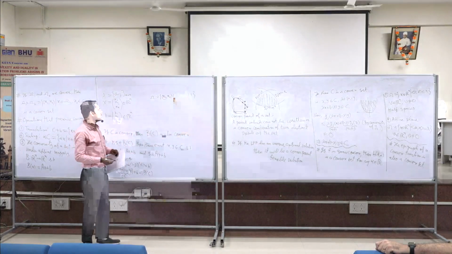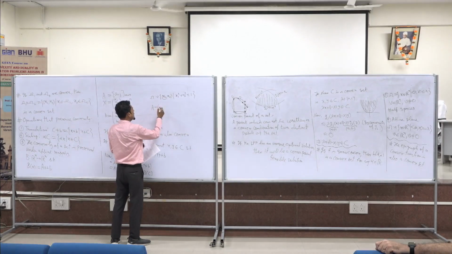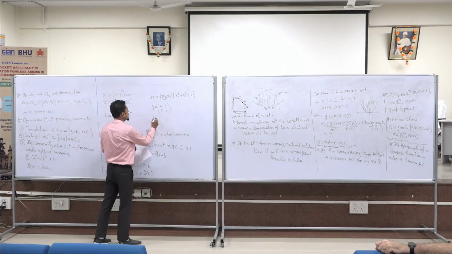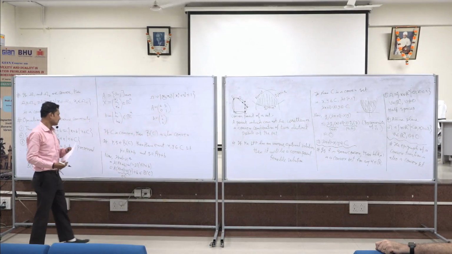So this is omega, and then you try to find out A. You take B, you take anything like 1, 2, 3 maybe, right?